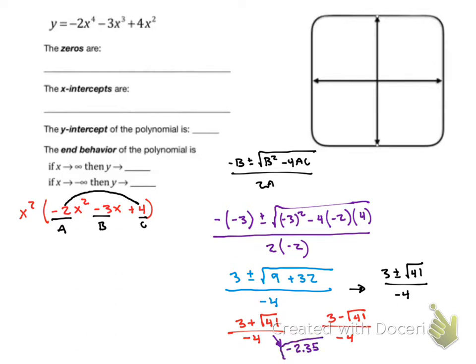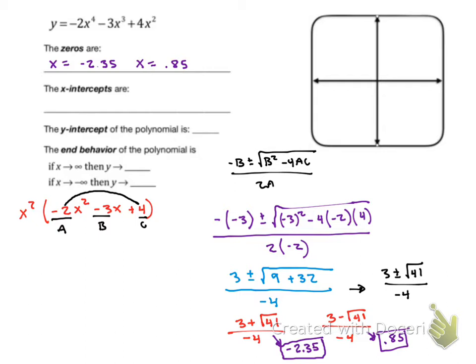So that is our zero. And for this one here, we get 0.85. And that is our zero. So when we go and write our zeros, we have x equals negative 2.35. We have x equals 0.85.